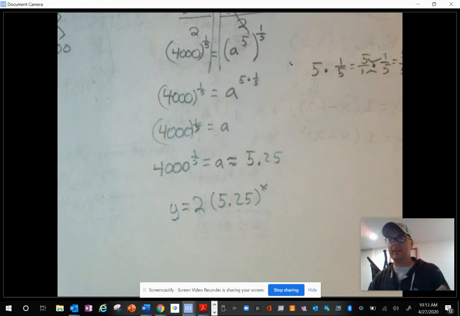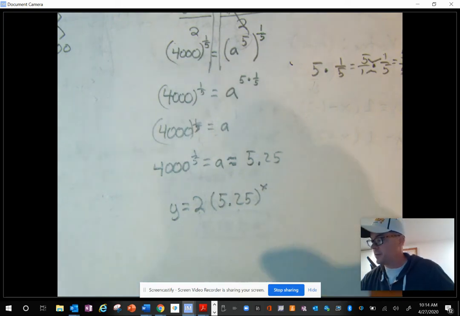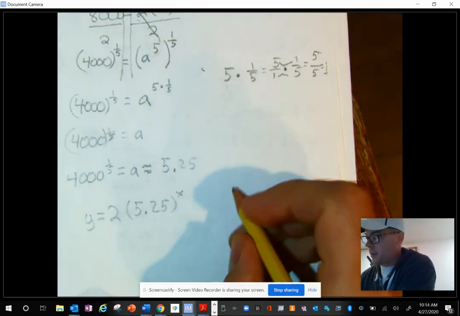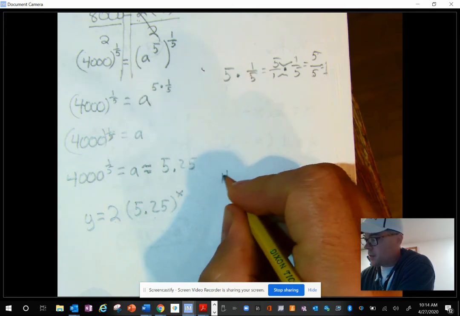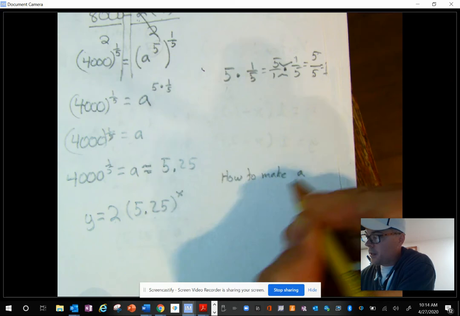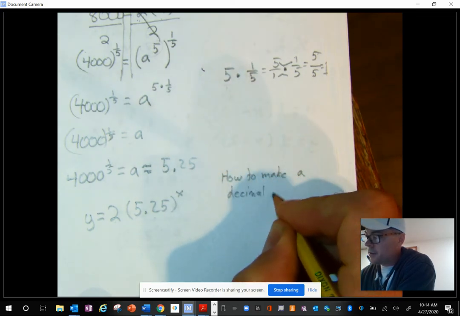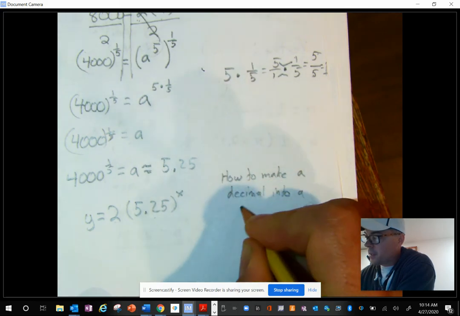So what percentage is it increasing? If I say there's 5 times more, what percentage increase is that? Well, it's really easy to turn this into a percentage. Remember, all you do is take this decimal and turn it into a percent.